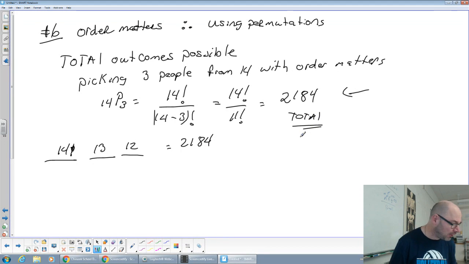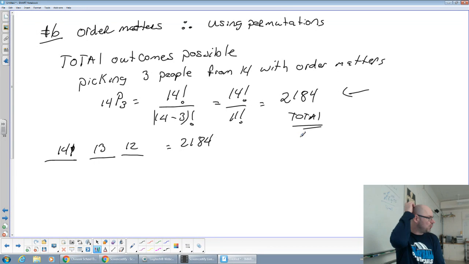Now the favorable number of outcomes, you have to think about it. It's saying 3 people are chosen at random, and then we want those 3 people to be in 3 positions. So we could do blanks or permutations again. How many ways can you organize Frodo, Sam, and Aragorn into president, treasurer, and secretary?